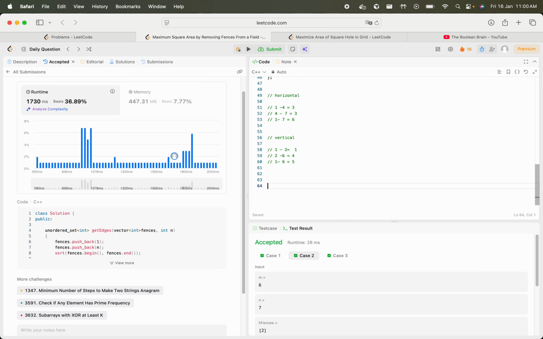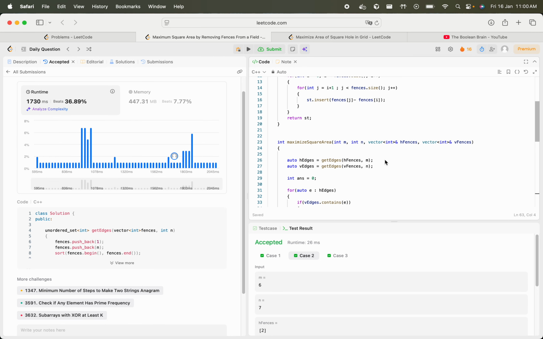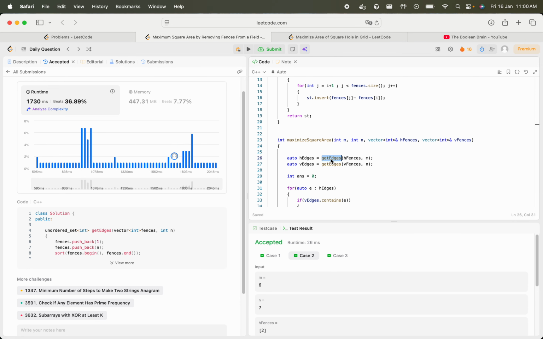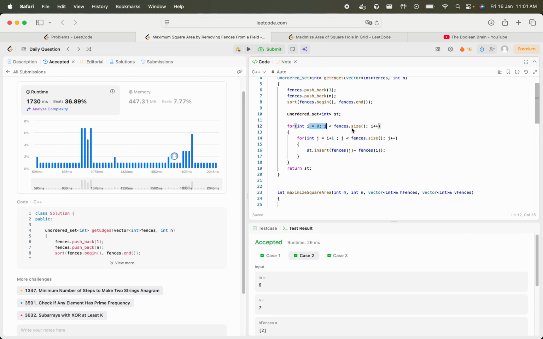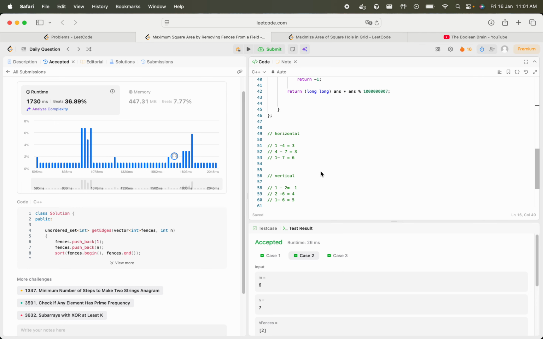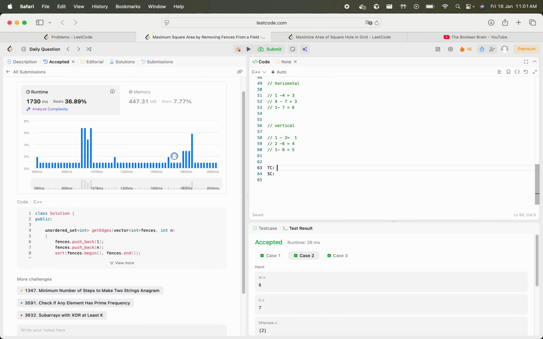Let us quickly describe the time complexity and the space complexity. If you carefully observe, we are initially calculating all the edges, and these run over the length of the loop, initially sorting it, running over the length, and having two internal loops to find all the possible pairs. So that gives us O of h square, where h is the horizontal.